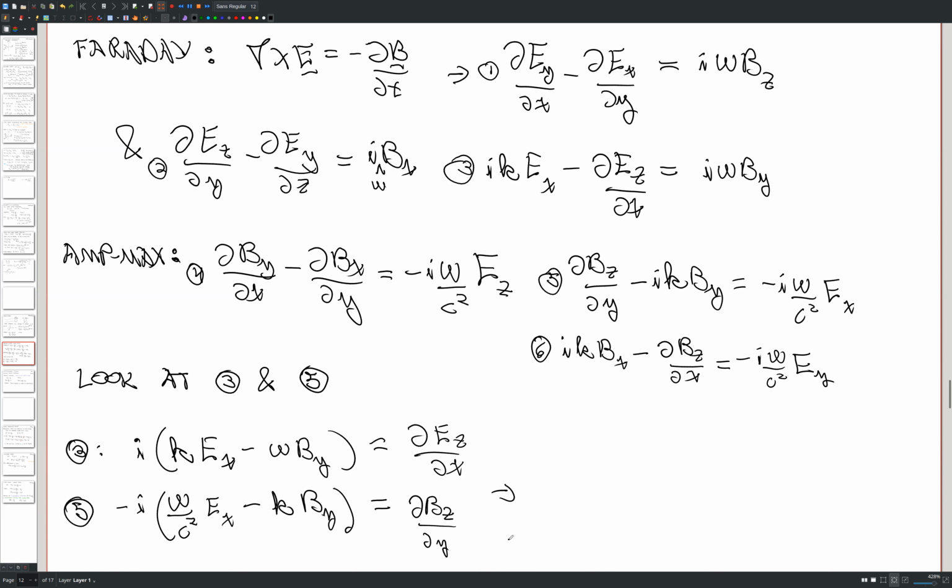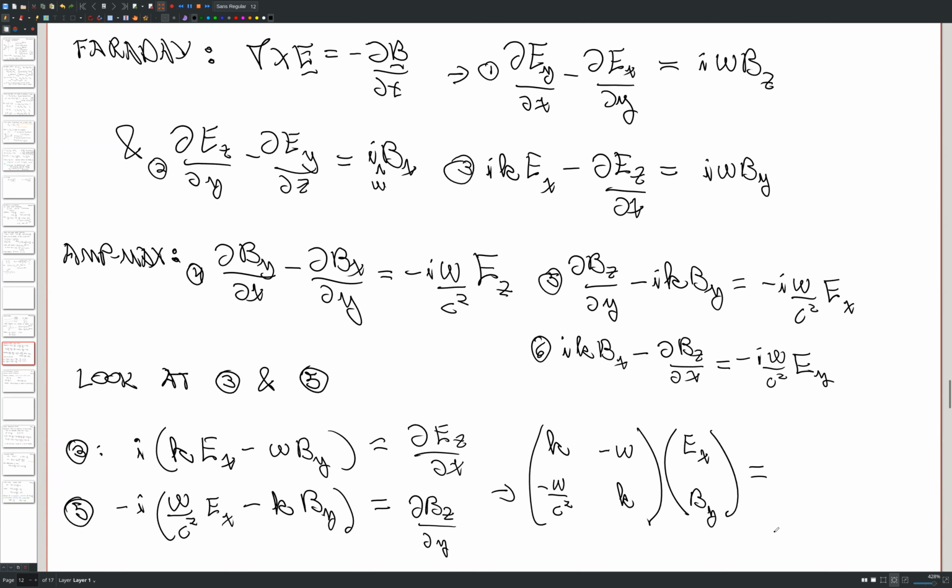So you see the point is that I can rewrite this as a matrix relationship. I can have a matrix K, minus omega, and then minus omega over c squared and K, multiplying the vector EX and BY.